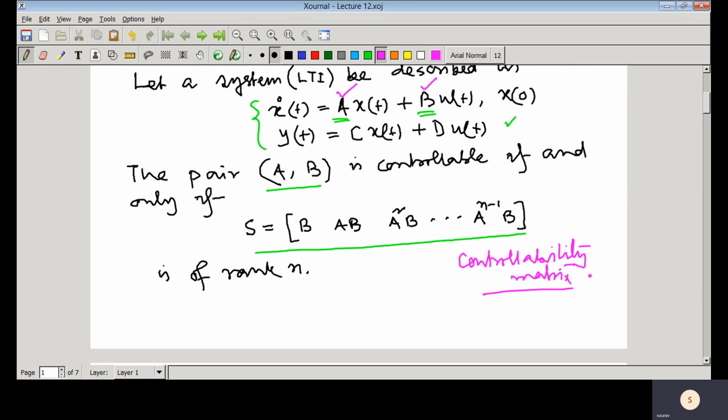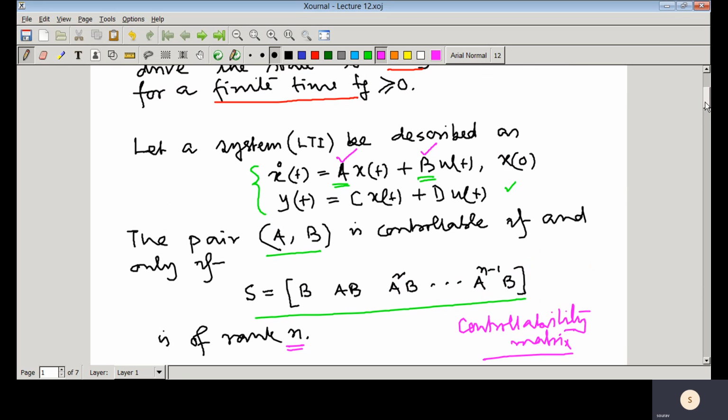So we need to form the controllability matrix and check whether the rank of this matrix is equal to n or not. n is the number of state variables. Here x(t) belongs to R to the power n, so n is the number of state variables.